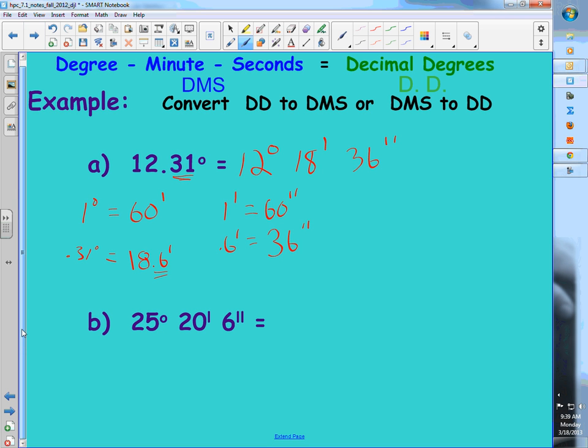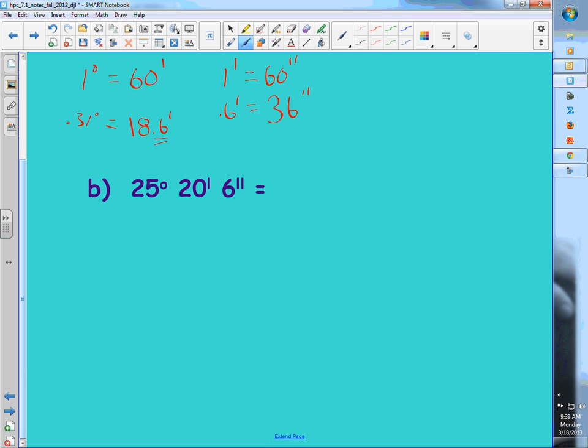Now, how would you go the other way? How would we change degrees, minutes, seconds, 25, 26, by what? So we would take the 6 minutes, divide by 60, 6 seconds, and divide by 60, and what decimal would that give you? 0.1. So that would mean you'd have 25 degrees and 20.1 minutes.